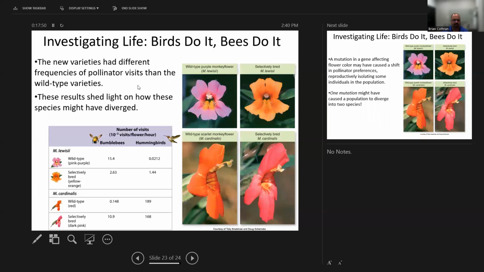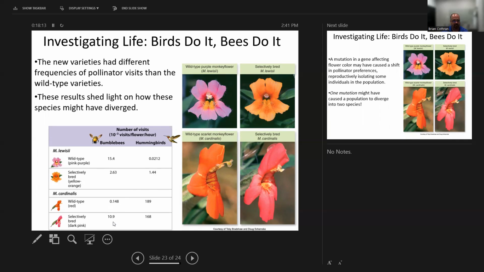And what they found was that the new varieties had different frequencies of pollinator visits than the wild type varieties. So again, the wild type, 15.4 visits from bumblebees, 0.012 or 0.02 from hummingbirds, not very often. Selectively bred, 2.63, 1.44.